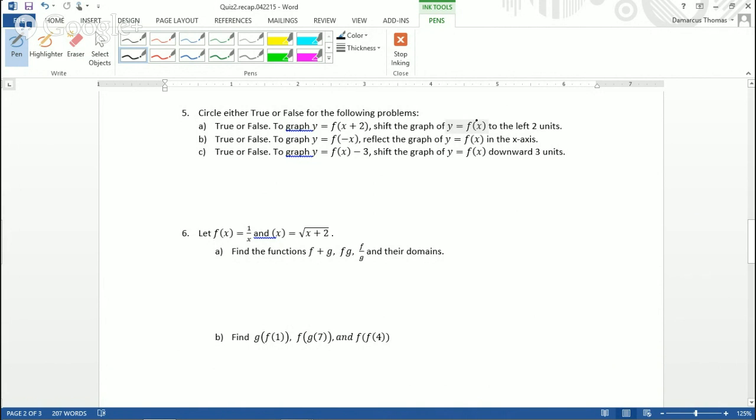Remember, if we have some function, like if f of x was, let's just make believe f of x was x squared. We know how to graph this, but how would we graph f of x plus 2? Well, let's look at what it equals.